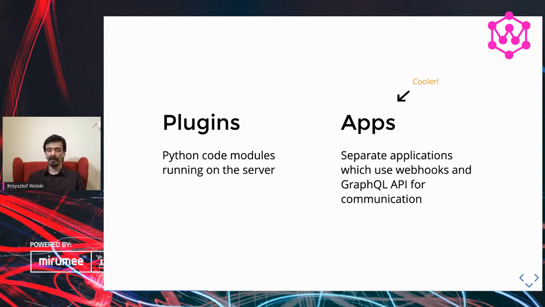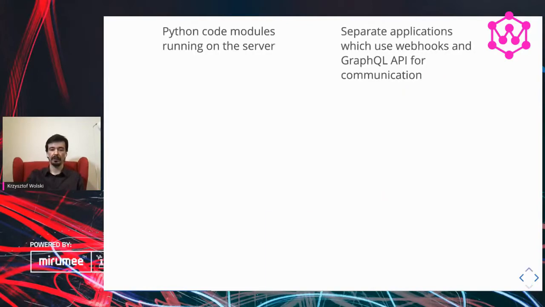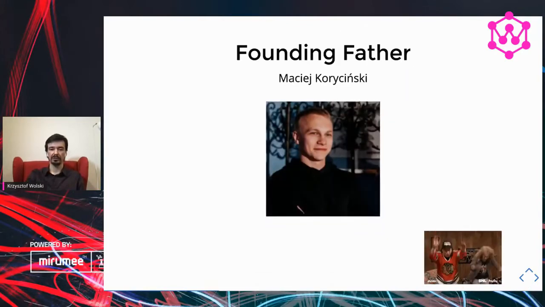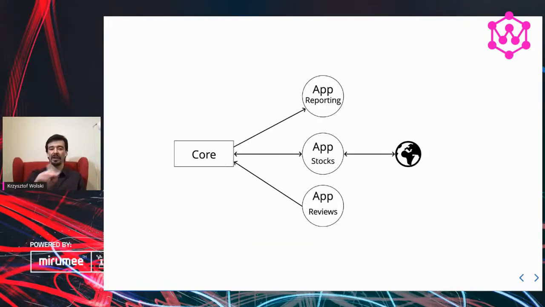Those are separate applications which communicate with the core using webhooks and the GraphQL API. At this point, I wanted to give a shout out to Maciej Koryciński, who is right now working on new features for our apps. He's our founding father.